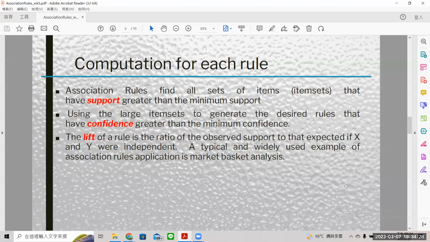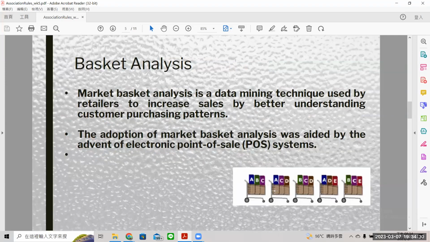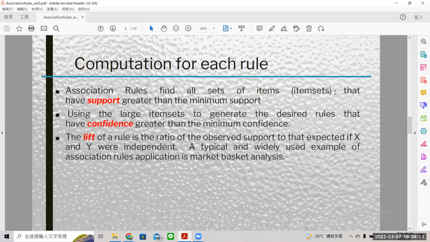So for example, if you have products from item A to item Z, the item set will be A, B, C, D, and so on to Z, okay? Then you have 26 elements in the item set, and they have support greater than the minimum support, okay? So later we will define what support is, how to define it, and how to compute it, okay?